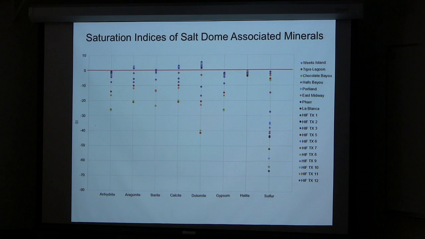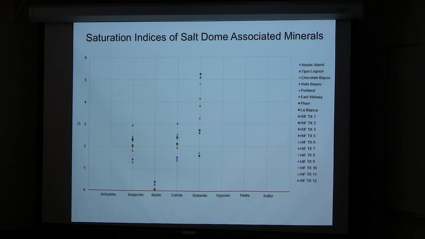So saturation indices do indicate that aragonite, barite, calcite, and dolomite contain values greater than 0, and therefore we would likely expect them to precipitate in the Gulf Coast environment. And then on the other hand, we see negative saturation indices for anhydrite, gypsum, halite, and sulfur. So this is going to indicate that those mineral phases are unstable within the salt dome environment.